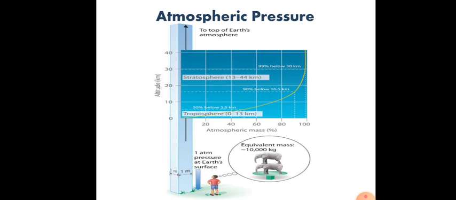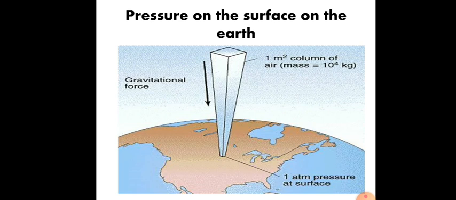But because our body has nearly equal pressure from inside, it sustains this pressure. Rather, the pressure of air is the same in all directions. At the surface of the earth, the pressure is 1 atmosphere, which means the gravitational force of the air on 1 meter square area is 1 atmospheric pressure.